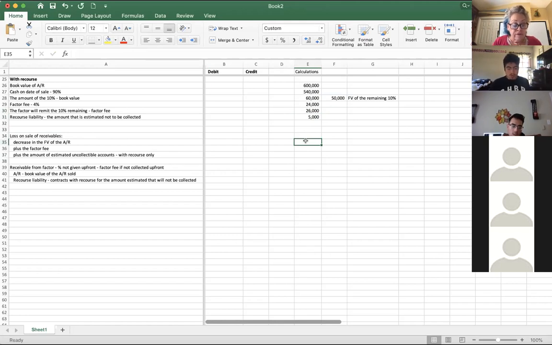So the decrease on the fair value was 10,000. My factor fee was 24,000. And the amount that they estimate that they're not going to collect is 5,000.